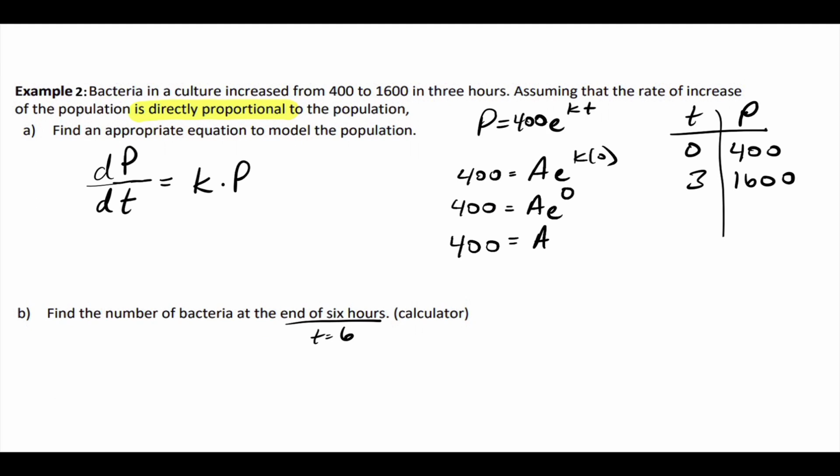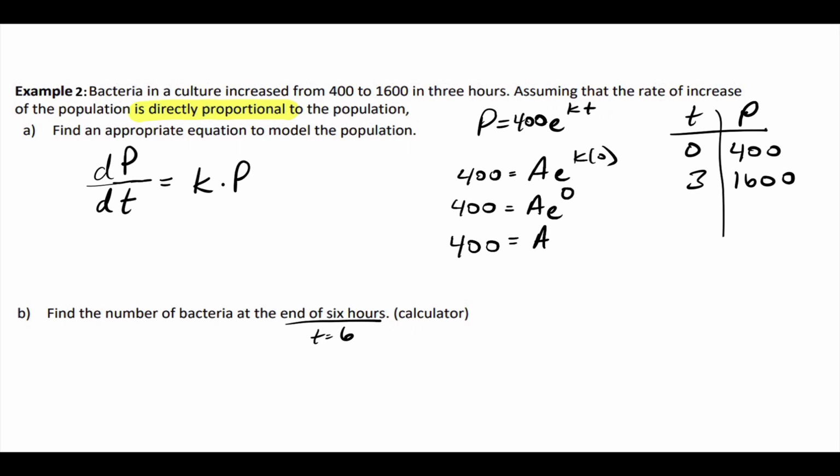Almost there. What else do I need to solve B? Because the reason I'm doing all of this is to solve B. I need to solve B. So when I plug in 16, I want to get a number for P. I got my calculator ready to go.